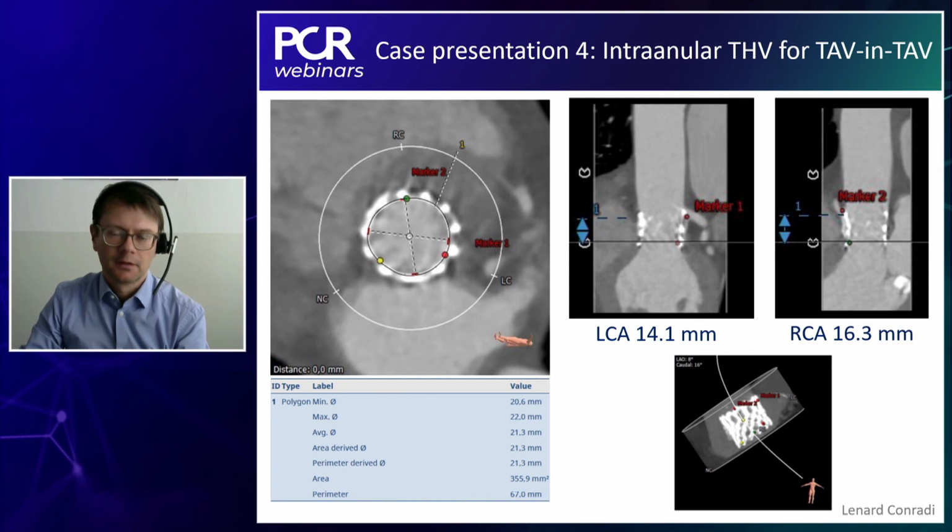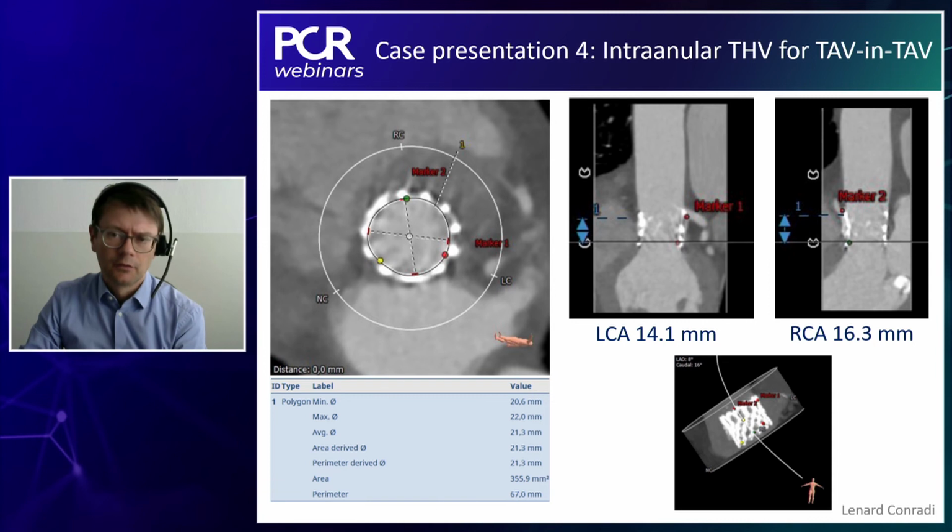I think there's not much space in the supraannular position compared to the intraannular position. So I think this probably doesn't give you a benefit in this kind of anatomy.